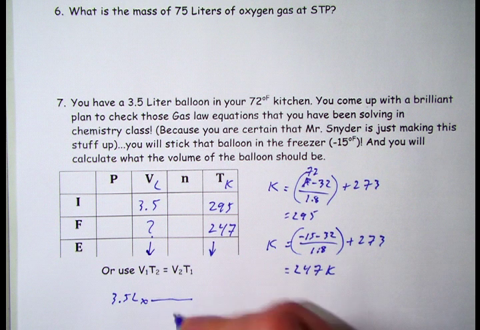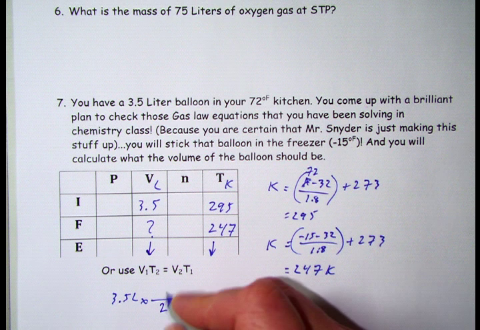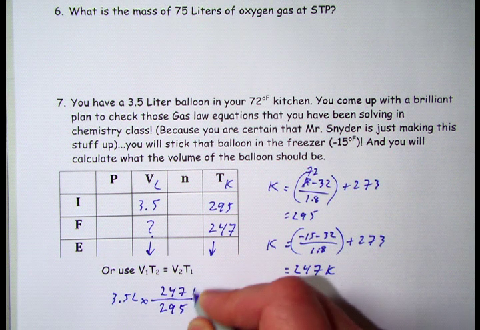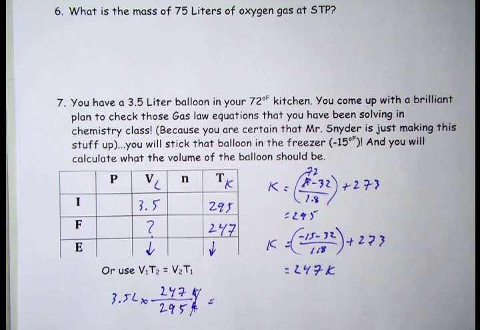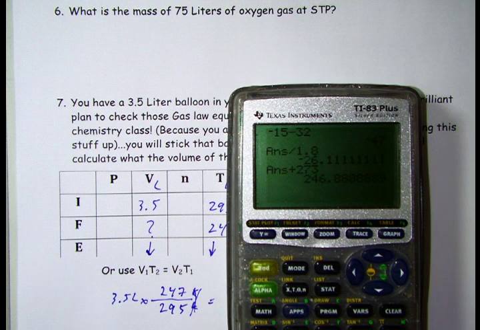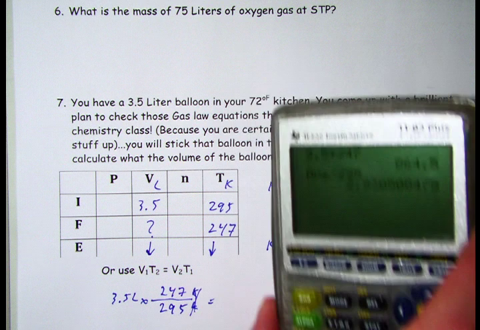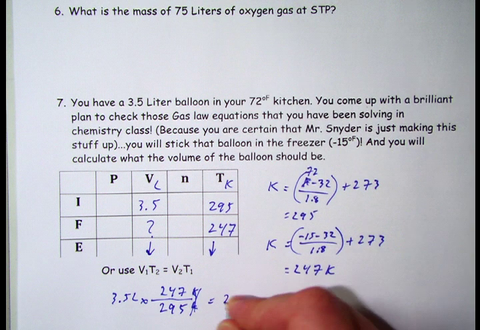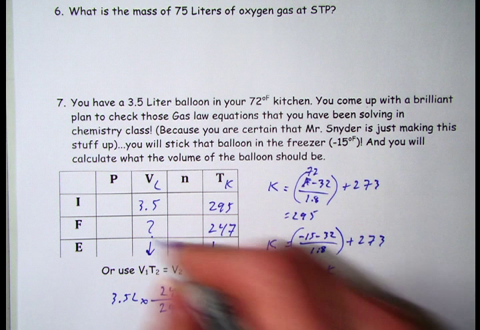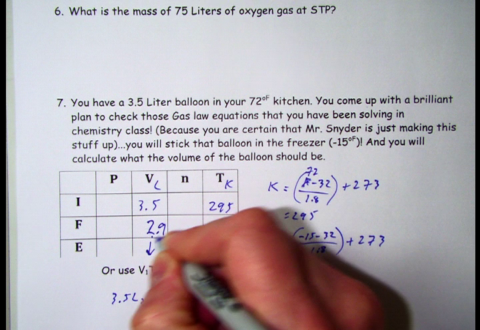So to make this go down, I'm going to put the big number on the bottom and the small number on top. So the volume is going to go down by the ratio of 247 to 295. So it should go down to 2.9 liters. This right here is 2.9.